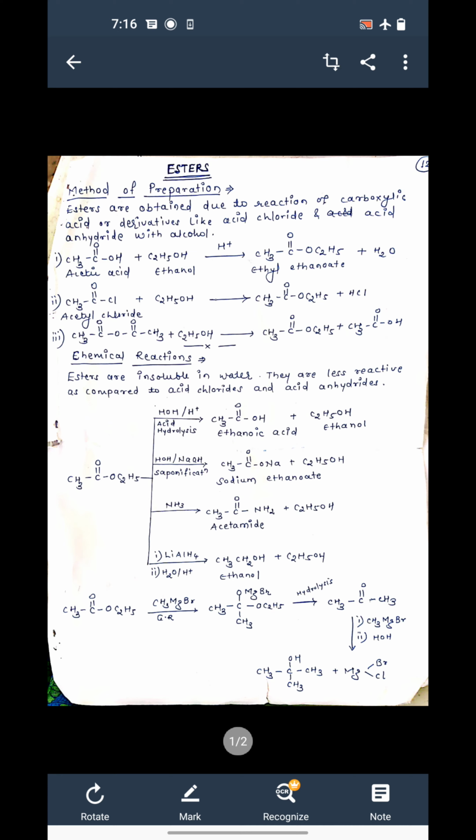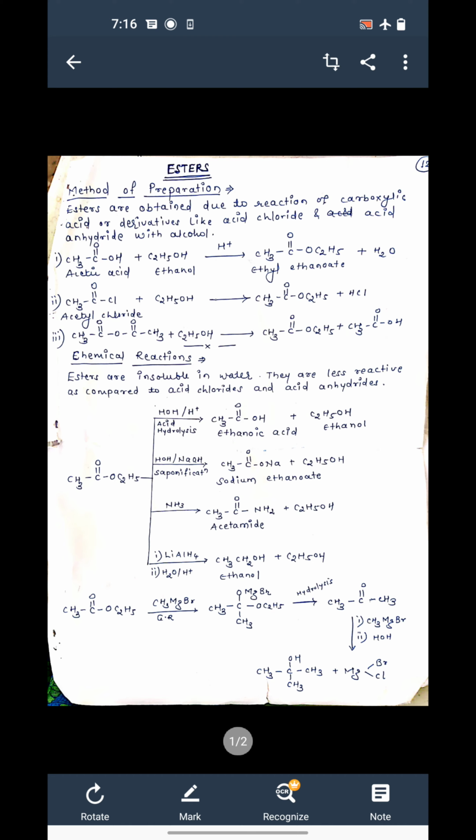When ester undergoes reduction in the presence of lithium aluminum hydride, it gives us a primary alcohol, just like ethanol here, and a small molecule of ethanol as well. This ester also reacts with a Grignard reagent, just like CH3MgBr.